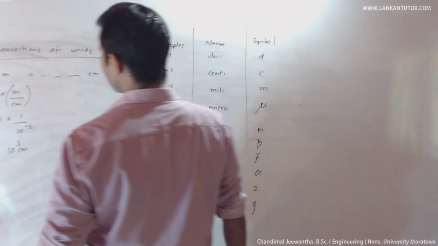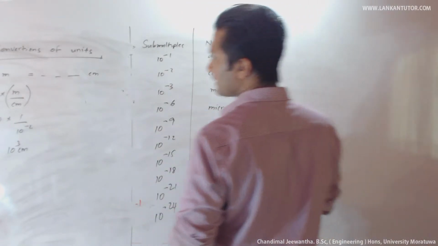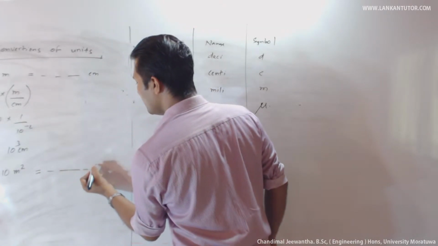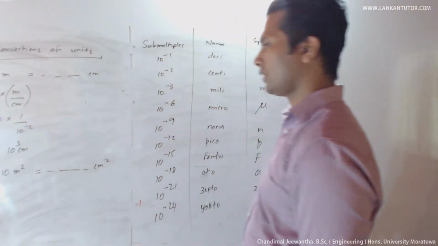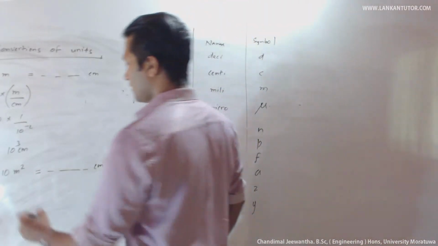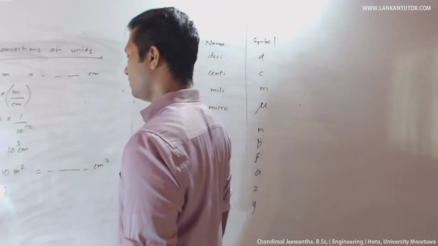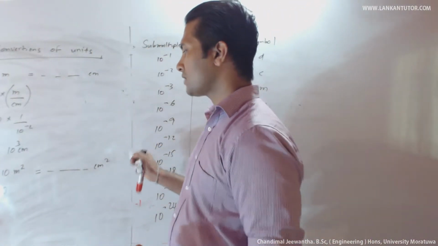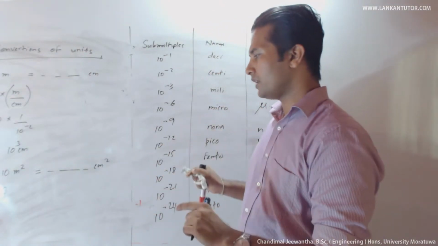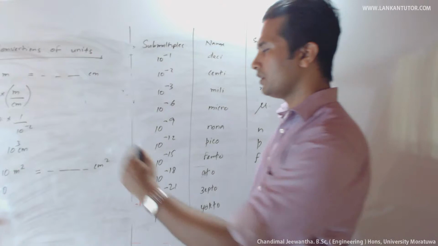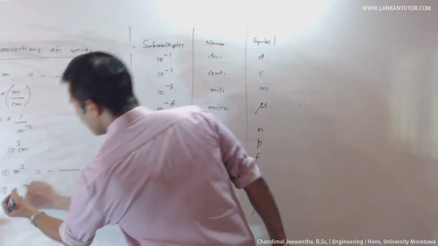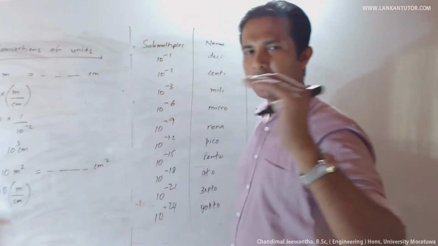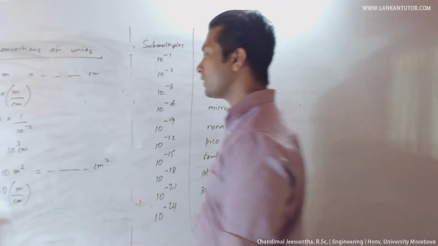For example, we can consider 10 meters square converting into centimeter square. Here, what you have to do? When finding the value of 10 meter square in centimeter square, the initial unit should be divided by final unit, which means initial unit meter should be divided by centimeters.